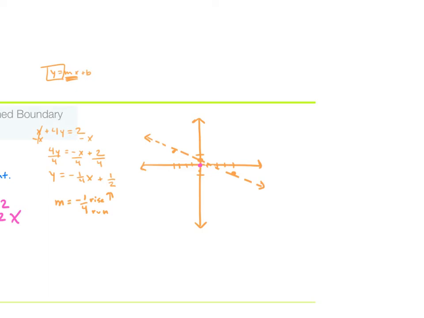So if it does not work, we have to shade the opposite side. So we're going to shade everything above and on the right of our line here. So if it does not work, we have to pick the opposite side. And we shade. So step 3 is shade. And then we're done.